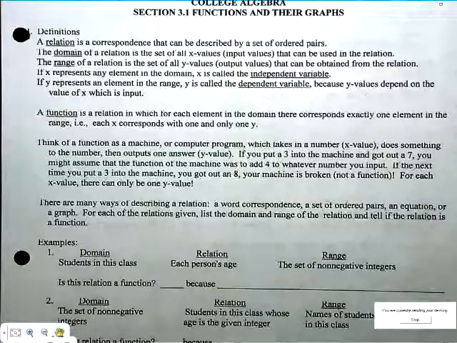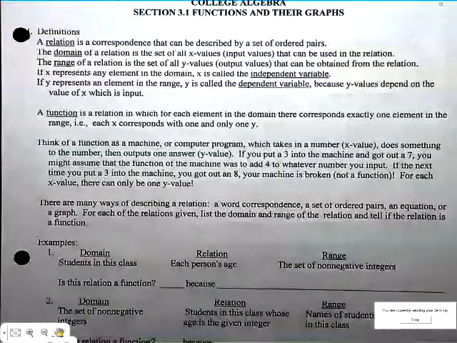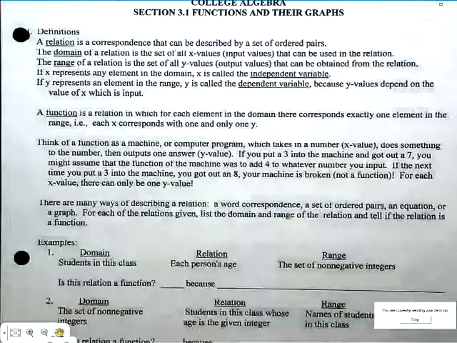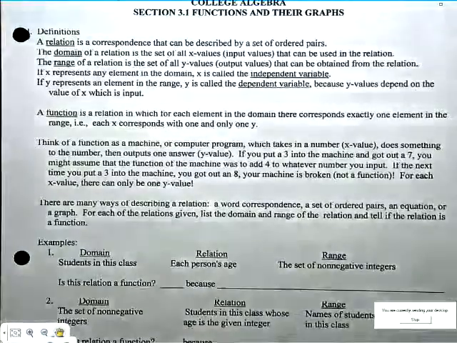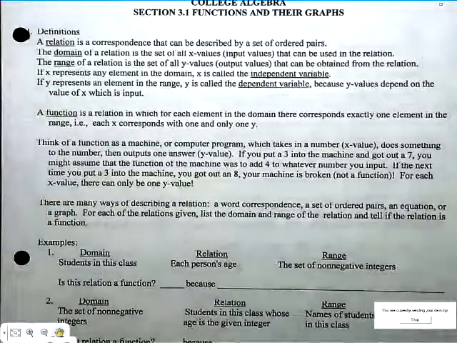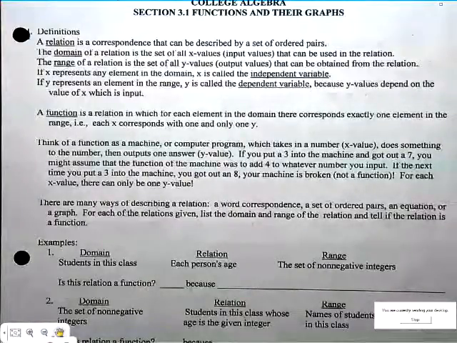You can think of a function as a machine. Next paragraph. You can think of a function as a machine which takes in some number, does something to it, and spits out an answer. That's why I call the x values your input values. You're going to put an x into the machine, and it's going to spit out a y. So the y's are your output variables.